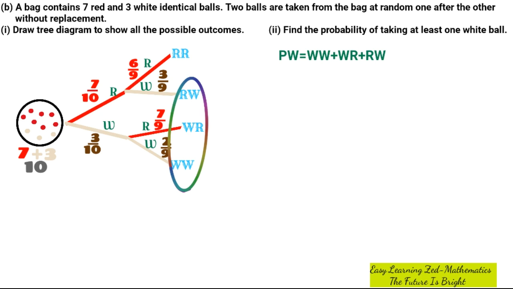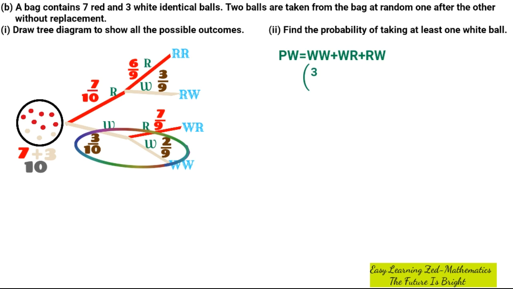Once I've done that, the next thing I'm going to do is write their values. For WW, picking white balls twice, the probabilities I'm going to use are 3/10 and 2/9. I'm going to multiply these two. So I'm going to write open bracket 3/10 multiplied by 2/9, close bracket, then plus, open bracket.